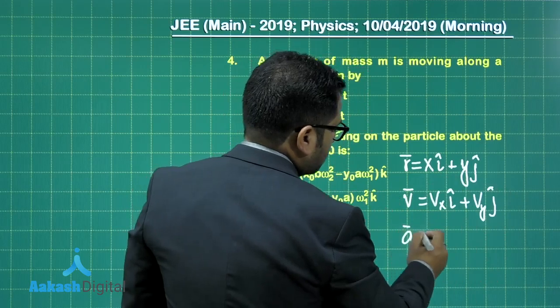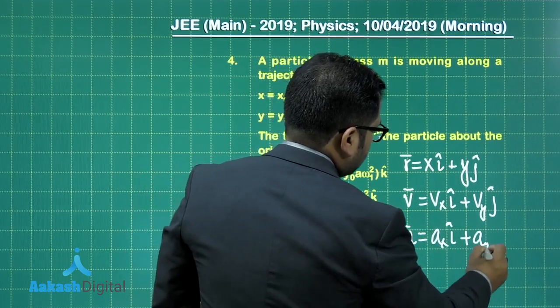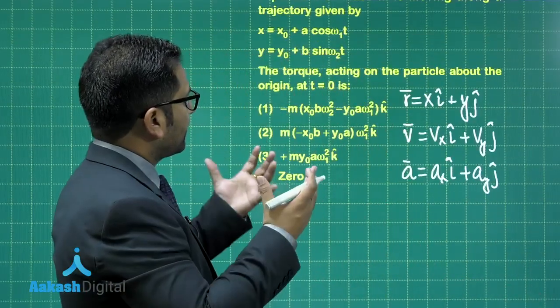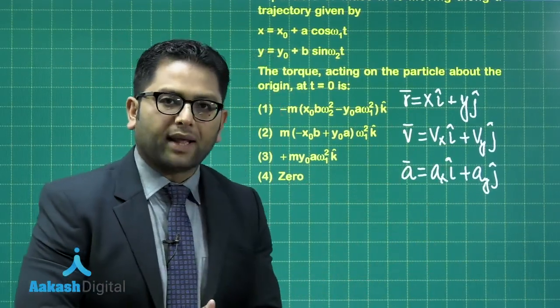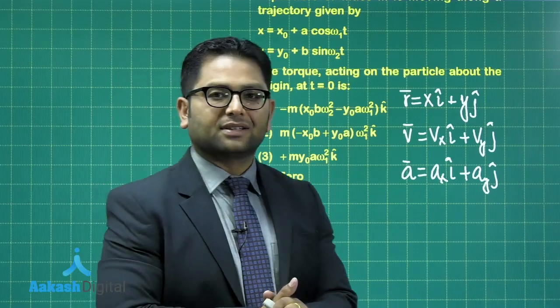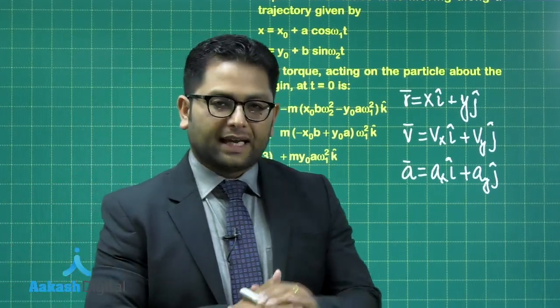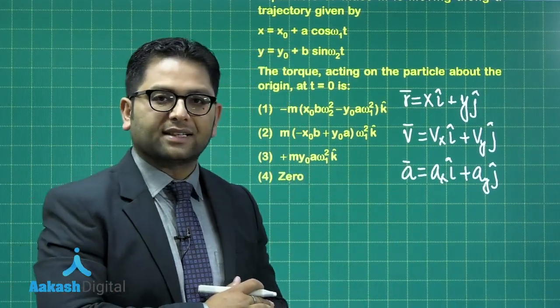Then acceleration, which would be ax i cap plus ay j cap. So there I go, I calculated the velocity, I calculated the acceleration. Once I calculated the acceleration, m into a will give me the net force, and I am supposed to calculate the torque about the origin.